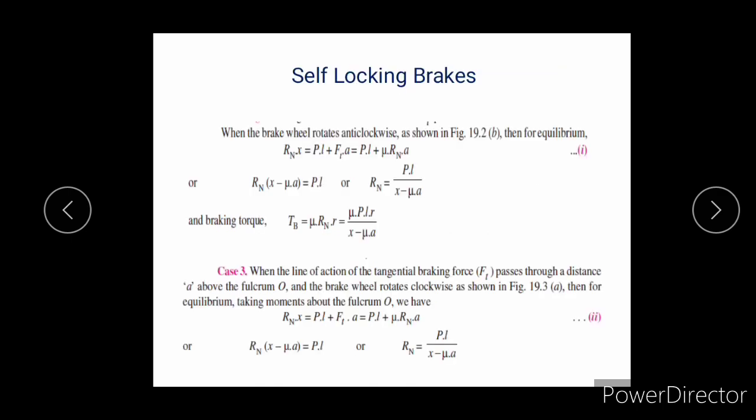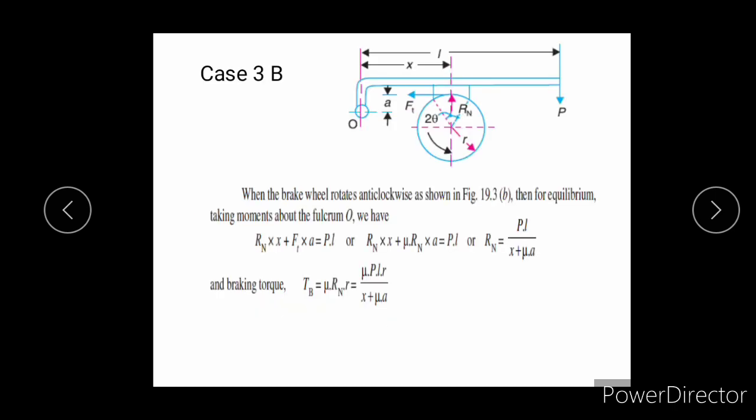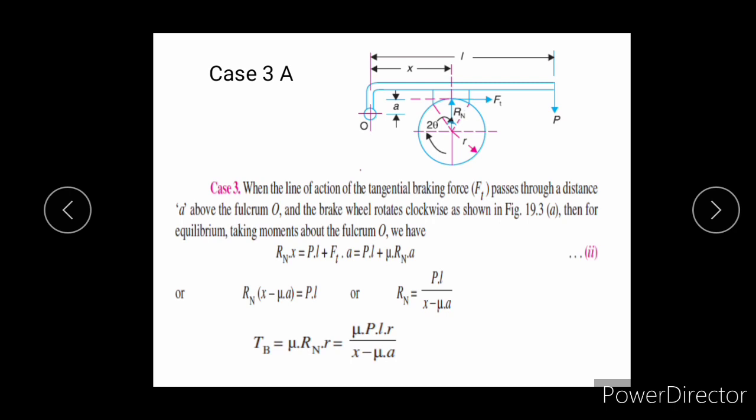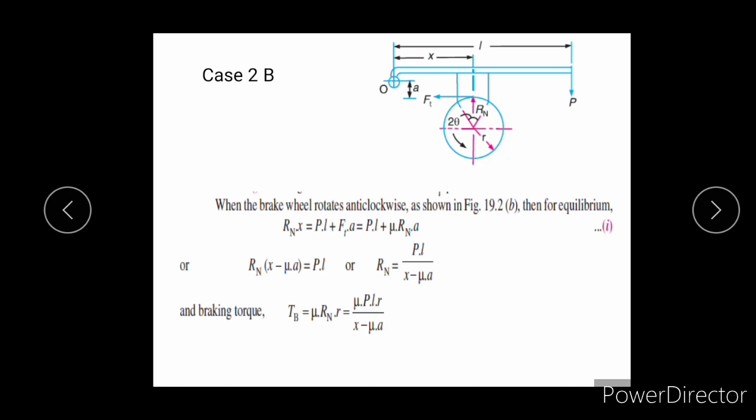Moving towards next topic, self-locking brakes. I am going to discuss about this. So there were 2 cases in which we were getting Pl plus Ft into a. Here the case 3a, Pl plus Ft into a, it means Pl plus mu Rn into a, and in case 2b here Pl plus Ft into a and Pl plus mu Rn into a. What does it mean?